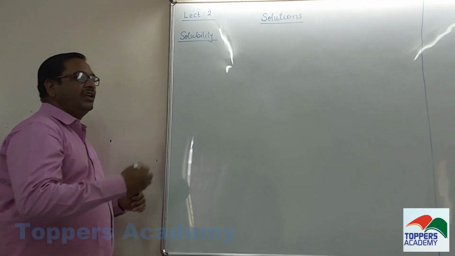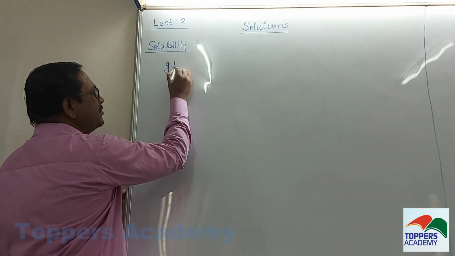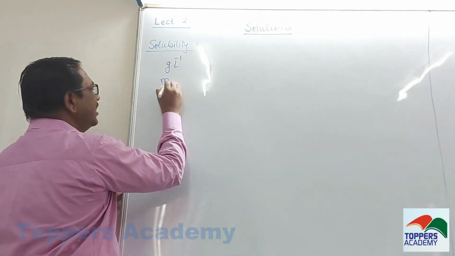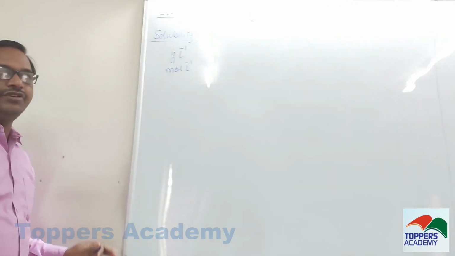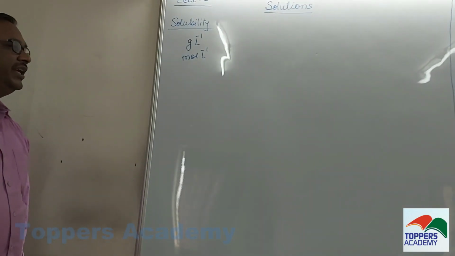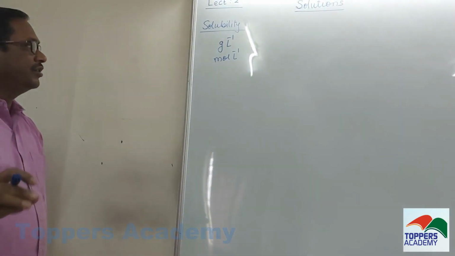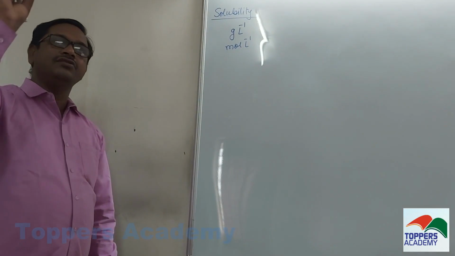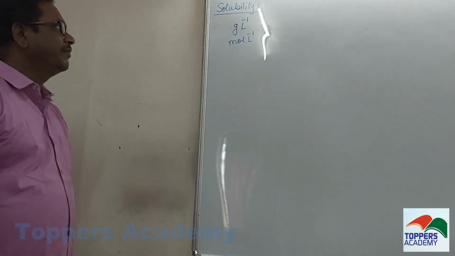Now this solubility is expressed in terms of grams per liter or moles per liter. This is the unit of solubility. Therefore solubility is the maximum amount of solute dissolved in solution.